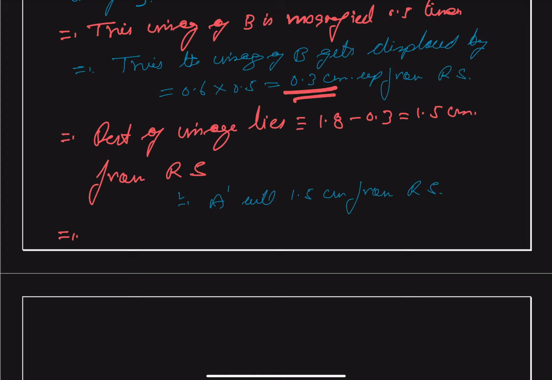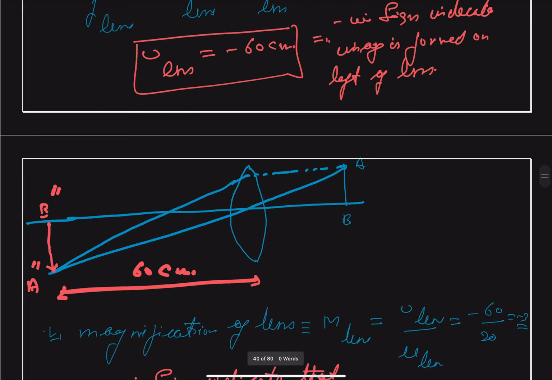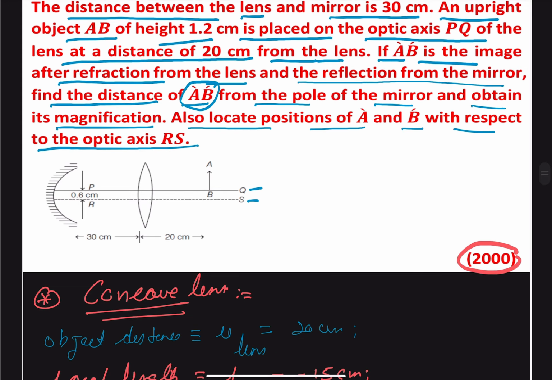So point B, image of B means B prime. So our B prime is 0.3 centimeter above RS and A prime is 1.5 centimeter below RS. I think these are the only things which we are required to find out.